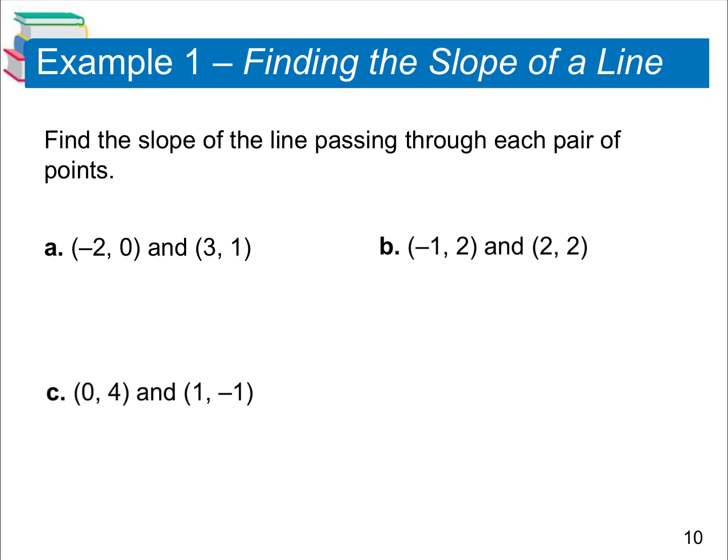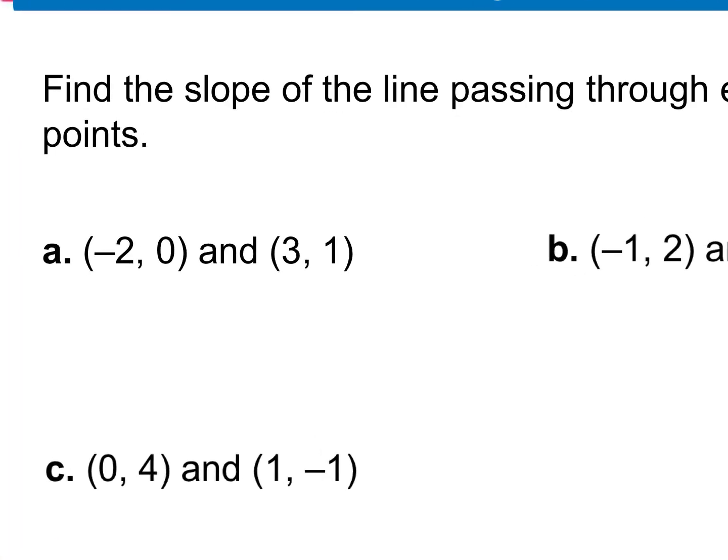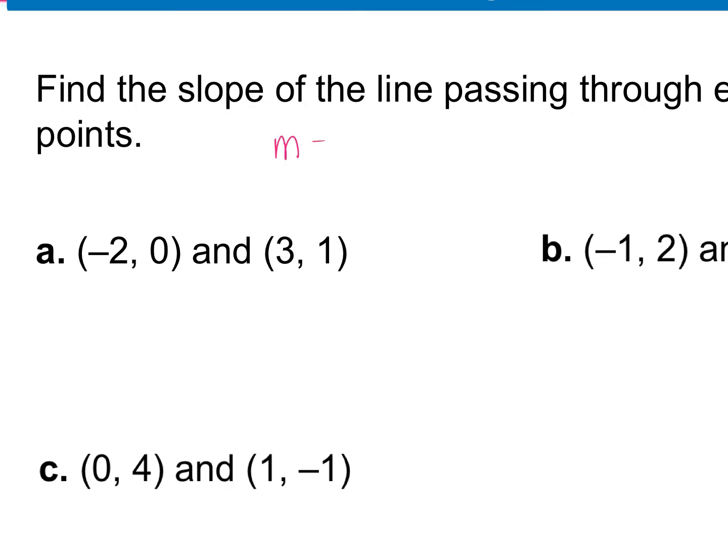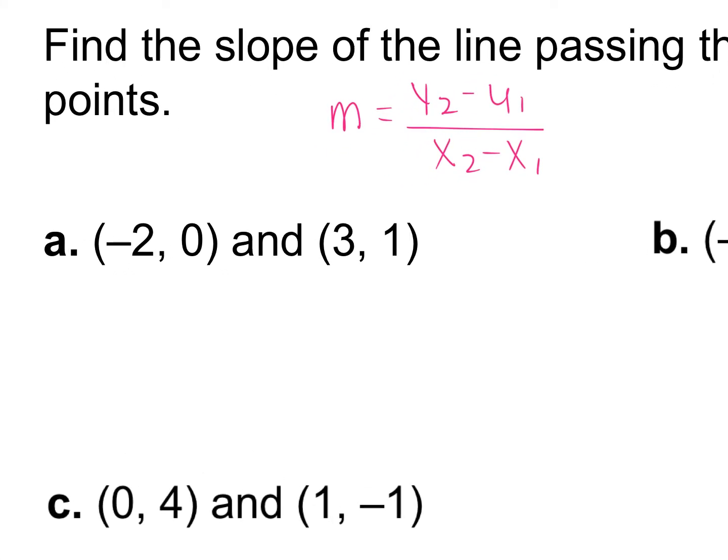If we look at example 1, it tells us to find the slope of the line passing through each pair of points. For example A, we're given (-2, 0) and (3, 1). We use the slope formula, y2 minus y1 over x2 minus x1. I'm going to label my -2 as x1 and my 0 as y1.